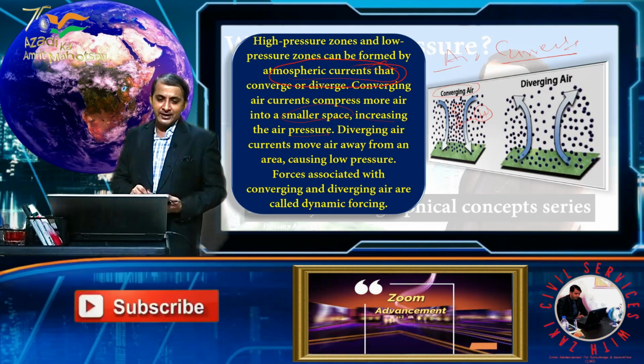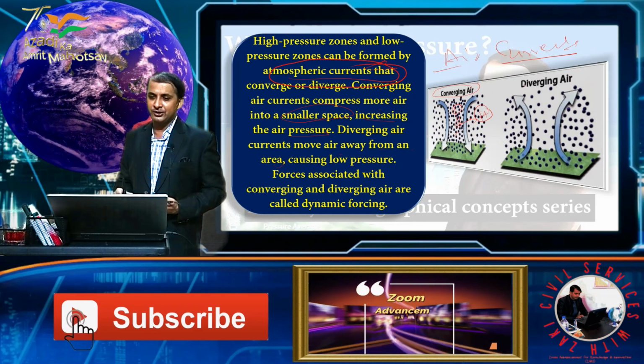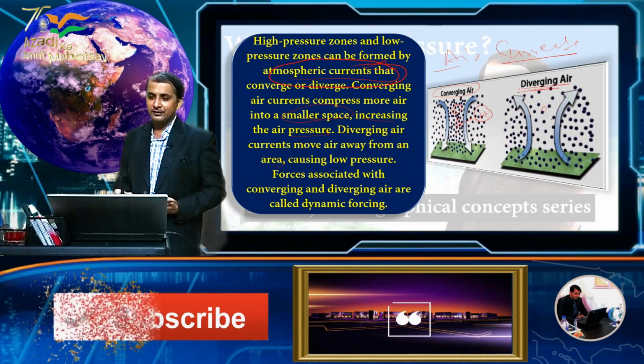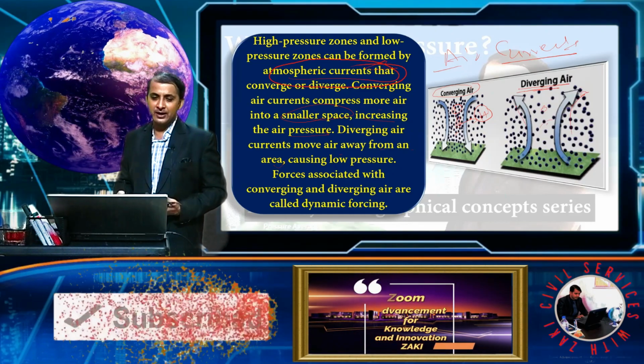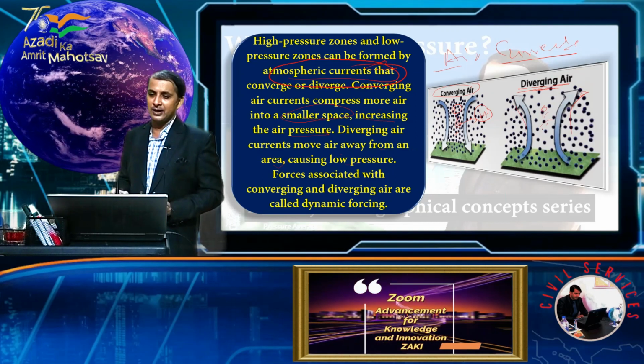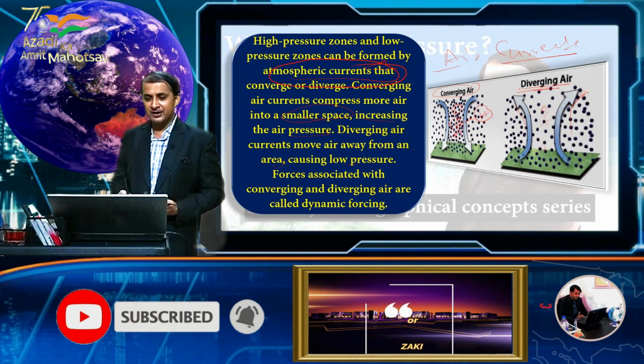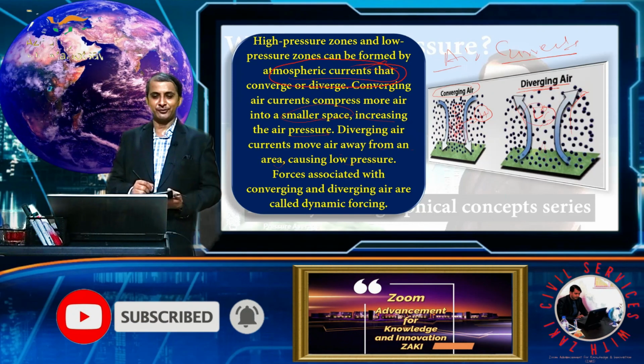Diverging air currents move air away from the area. So if we see diverging air, it moves away from the area and lowers the pressure. So here molecules are fewer and the pressure is low. Here is the high pressure zone, here the low pressure zone.